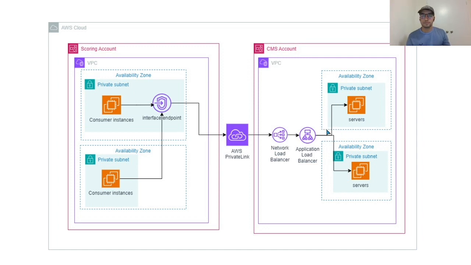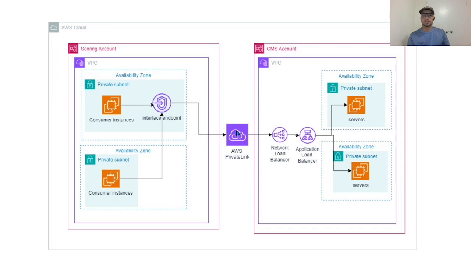And what makes this architecture different from every other architecture that you see is that it does not use the public internet, which means that it utilizes the AWS internal network, and that is powered by AWS PrivateLink.